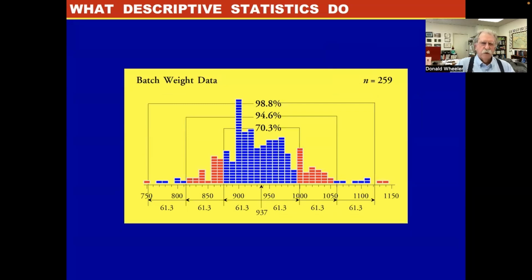Here we have the batch weight data. Average is 937. Standard deviation is 61.3. We go 1, 2, 3 standard deviations either side of the average, and we get 70%, 95%, and 99%.